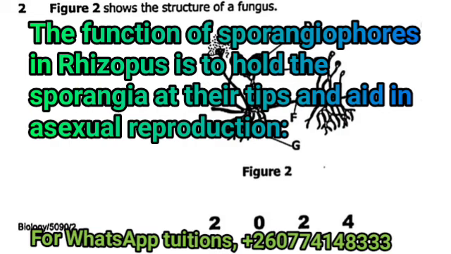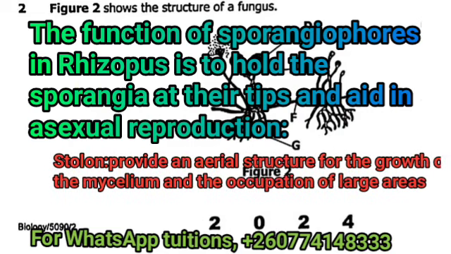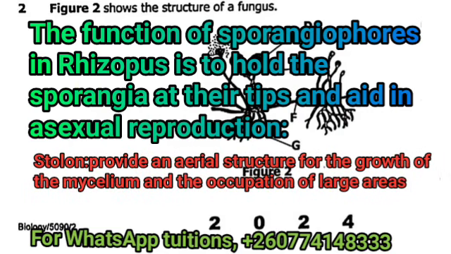F is a stolon. So what exactly is the function of the stolon? The stolon provides an aerial structure for the growth of the mycelium and the occupation of large areas.